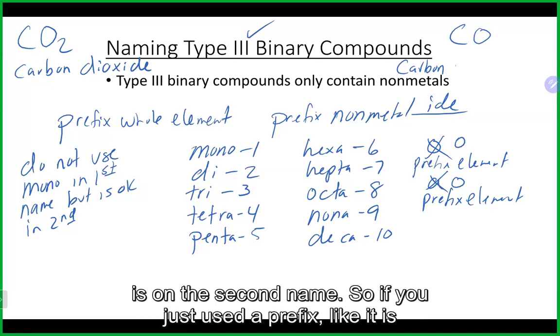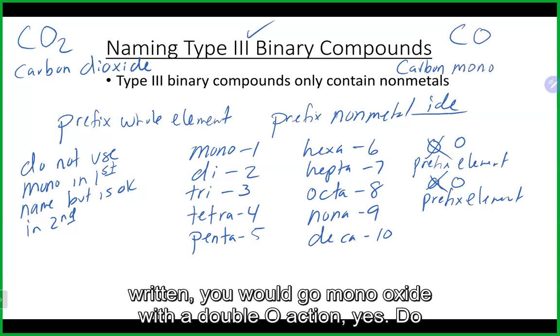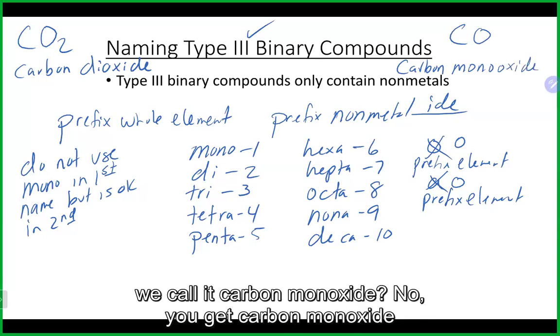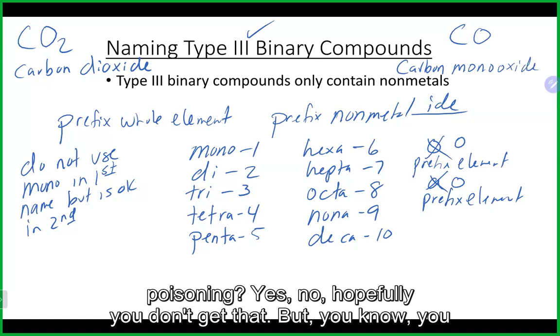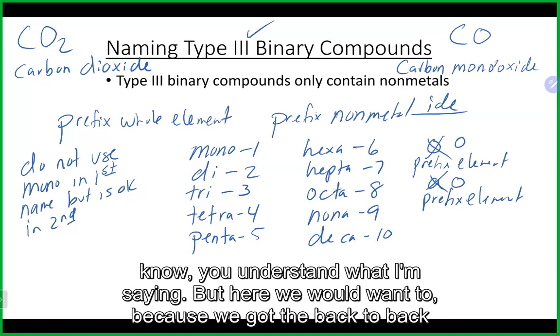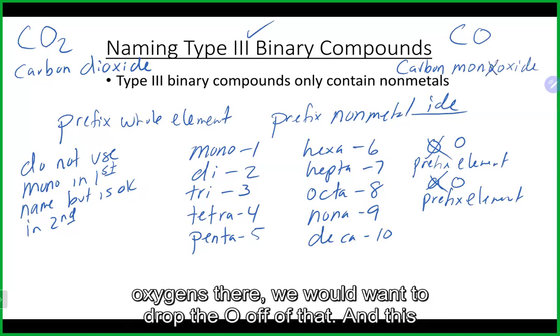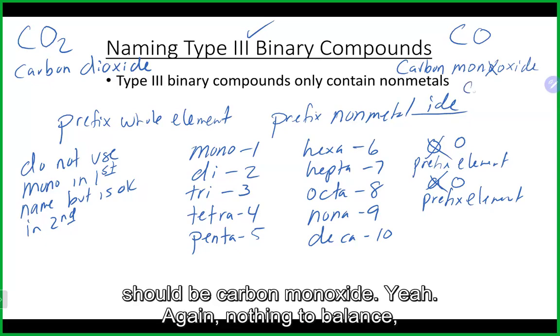So if you just used a prefix like it is written, you would go monooxide with a double O. Do we call it that? No, we call it carbon monoxide, like in carbon monoxide poisoning. Hopefully you don't get that, but you understand what I'm saying. Because we got the back-to-back oxygens there, we would want to drop the O off of that, and this should be carbon monoxide.